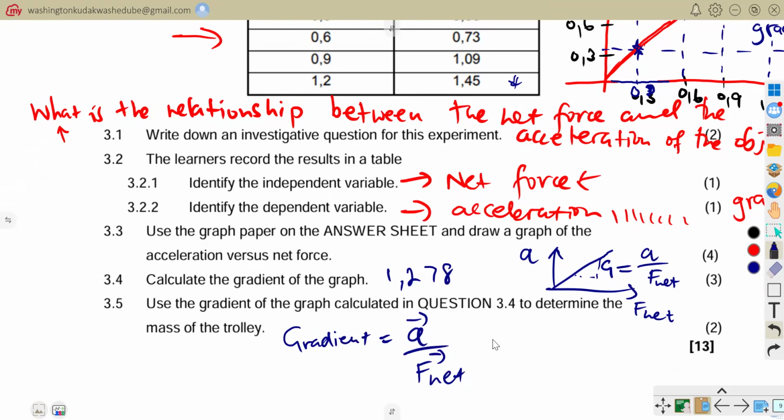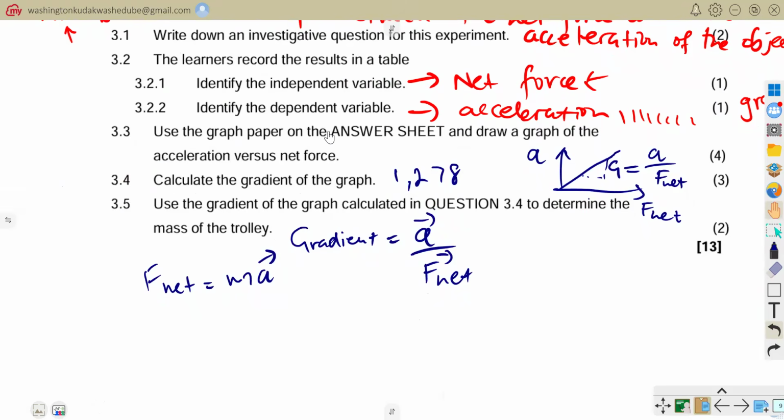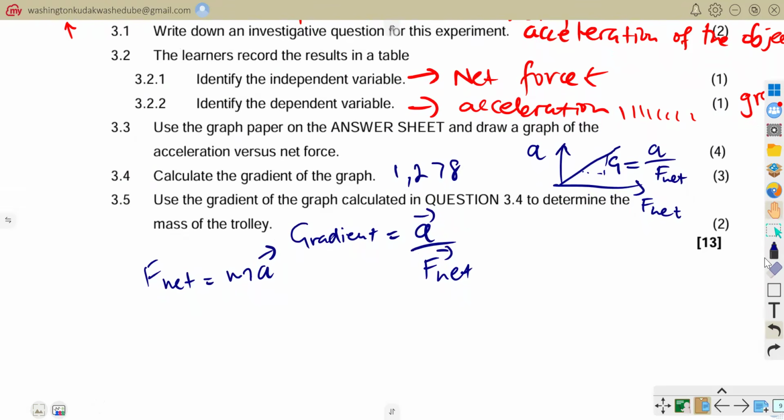If that is the case, from the relationship of net force is equal to mass times acceleration, how do I find my what? My mass. How do I find my mass from that relationship? From Newton's second law, if I want to find my mass, I have to make it the subject of the formula. So it becomes mass is equal to net force divided by acceleration.